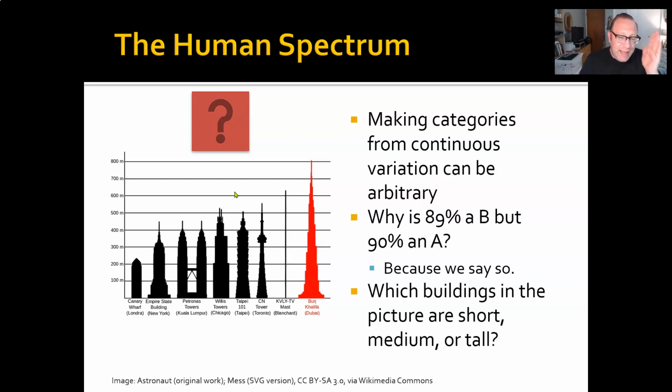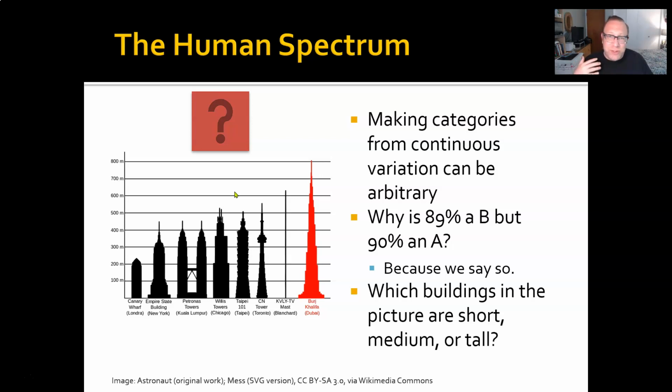Like, why is an 89% on a quiz a B, but a 90% is an A? How is that 1% so significant? Really, honestly. It's just because we say it's so. It's just because that's the way we culturally have done it. It's done differently in other places. Other countries have different scales they use for grades, but we do it this way.